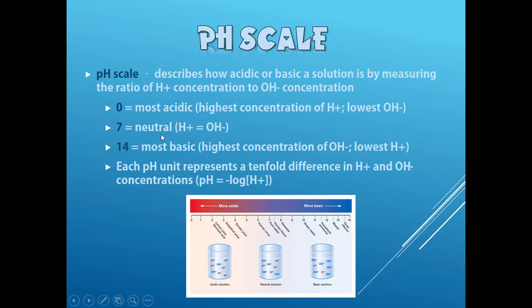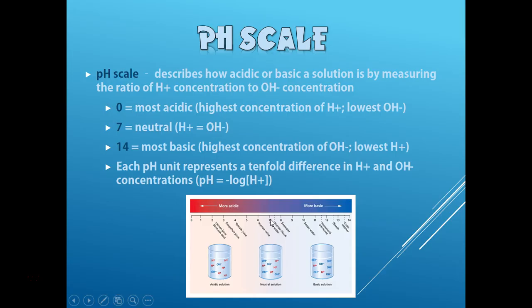So they are not acidic, they're not basic, they've got an H+ to OH- concentration that's equal. If I start going below 7, all the way down to 0 on the pH scale, my H+ concentration is increasing. So H+ is getting higher and higher the closer I get to 0, which also means that my OH- concentration is decreasing.